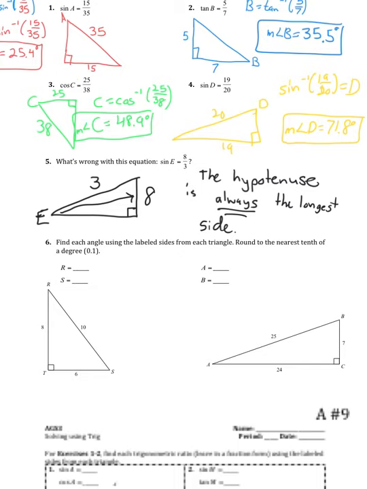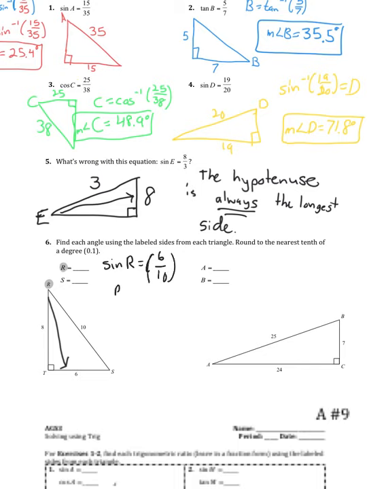For problem 6, the two examples. First it says, let's go ahead and find angle R here. And I can set up any trig function I want. I'll just go ahead and set up sine. I'll just say sine of R equals 6 over 10.